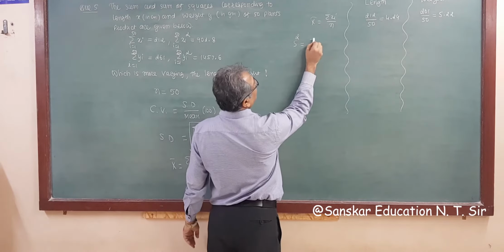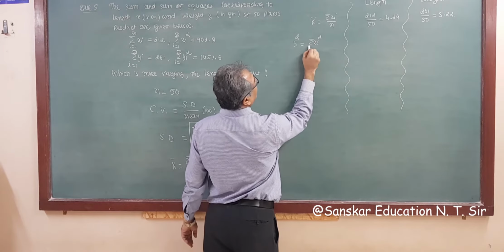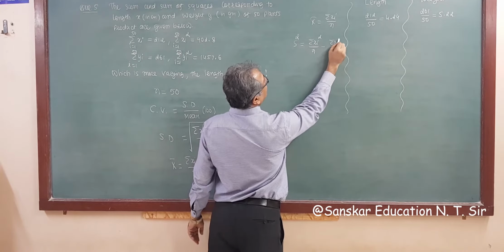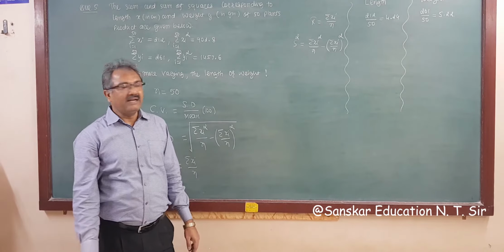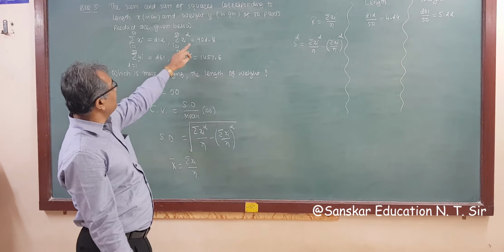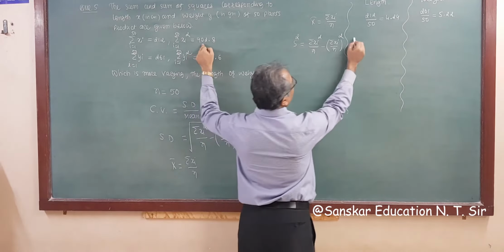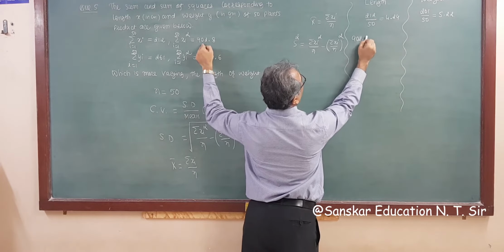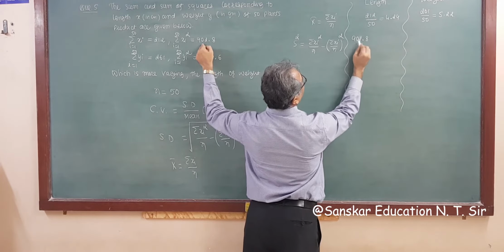So s square is equal to sigma xi square upon n minus (sigma xi upon n) whole square. This is variance s square, right? So sigma xi square is given 902.8, so this is 902.8 upon 50 minus sigma xi, which is 212, upon n, whole square.